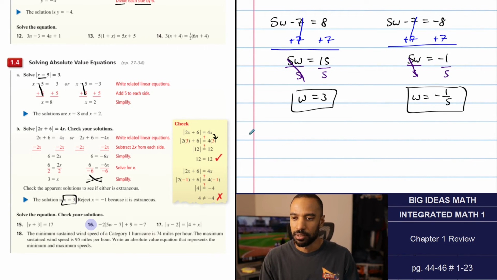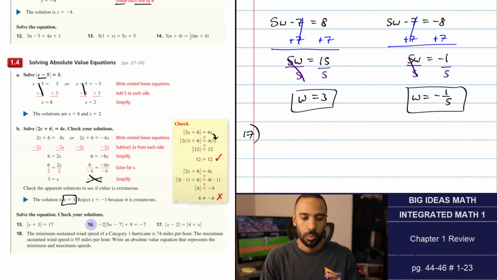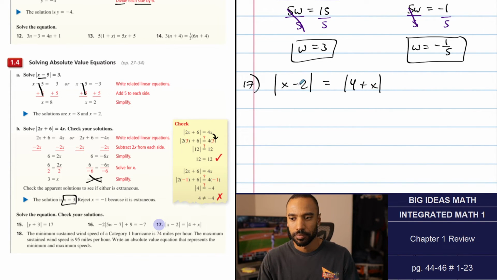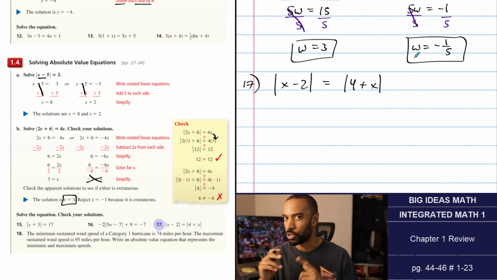Now, number 17, we have absolute value of x minus 2 equals absolute value of 4 plus x. Okay, so in this situation, remember, they have absolute values on both sides. This one's by itself, which is a good way of still doing the setup. It doesn't matter whether this has absolute value wrapped around it or not, other than in your double check.